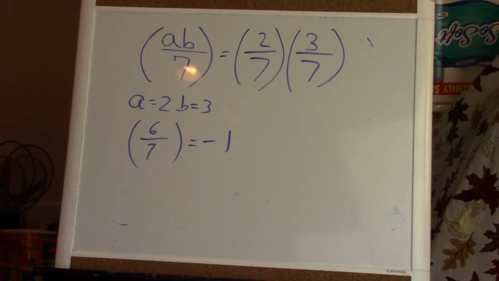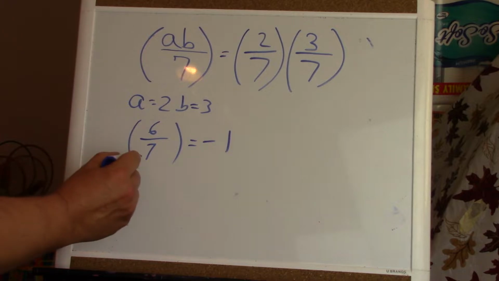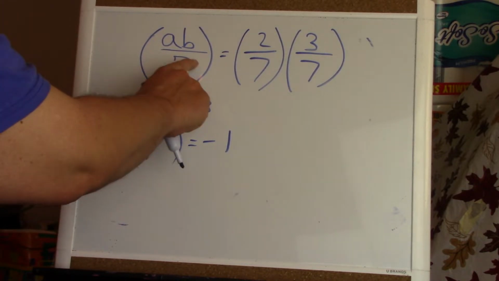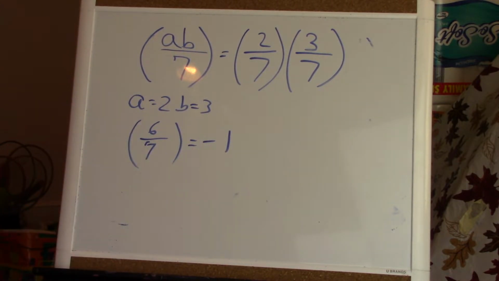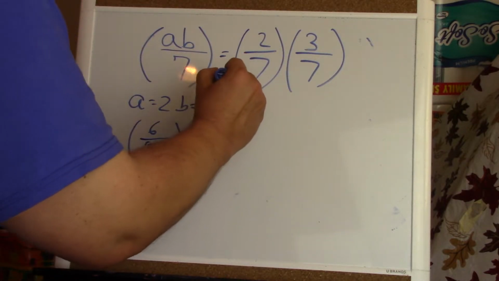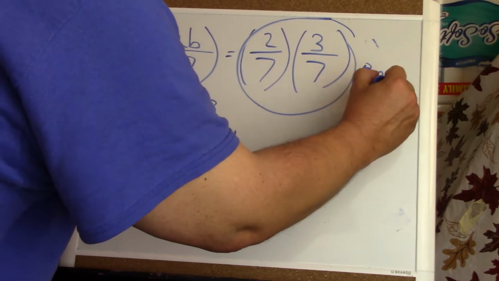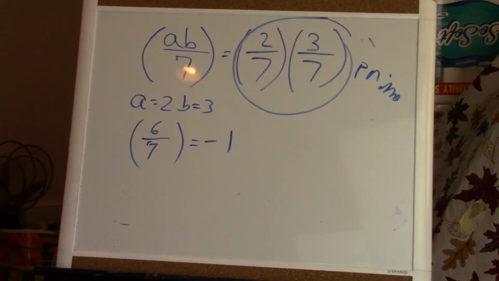I'm going to do a little bit of a shortcut there to show how these work. So there are 2 ways to solve, for example, (6/7). You can solve it by breaking it out into 2 times 3, and then everything here is a prime. You want everything to be a prime when you finally solve them.